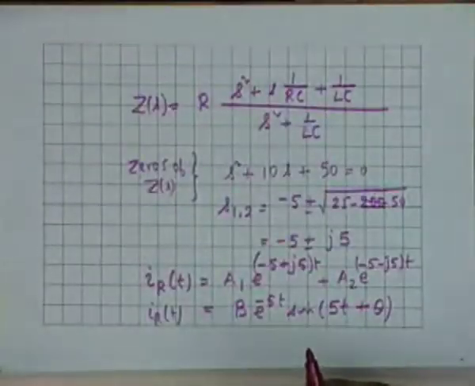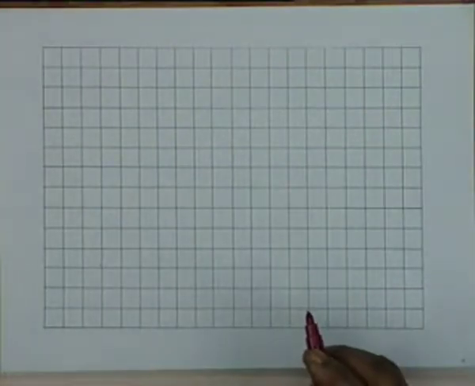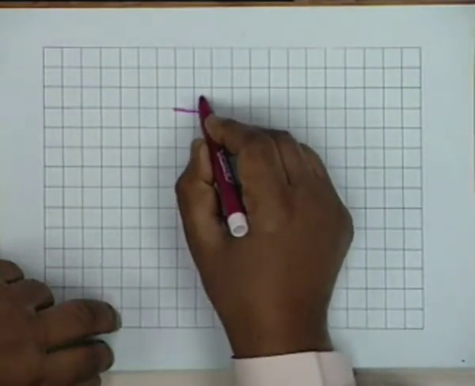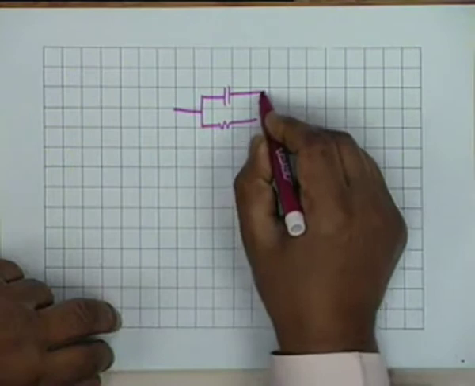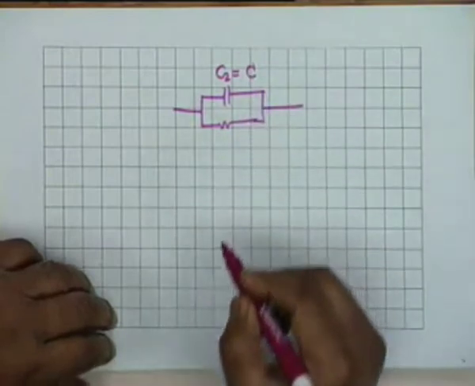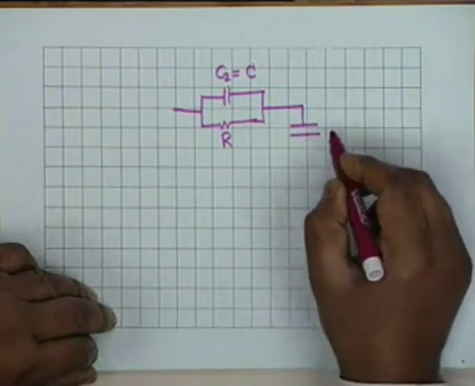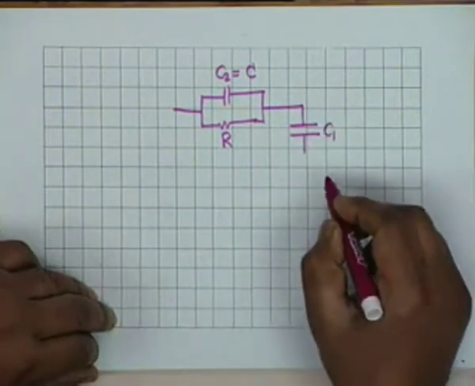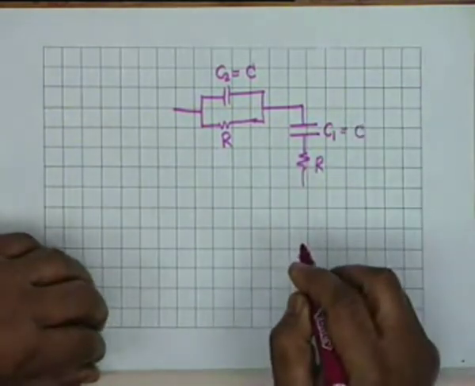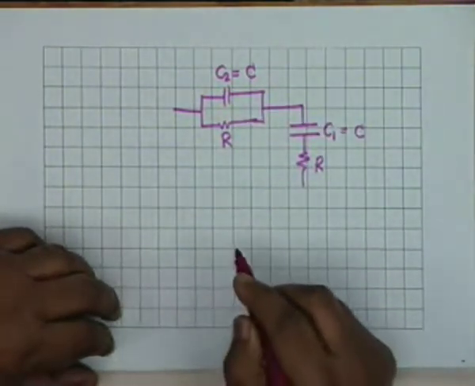Let me take the third problem, which as I promised I shall solve completely. A slightly tricky problem. We have a capacitance and a resistance. We will say this is C2, but C2 is equal to C. The resistance is R, and then I have a series combination of a capacitance C1 and a resistance R. C1 is also equal to C. We are distinguishing between the two because we shall charge one of them.